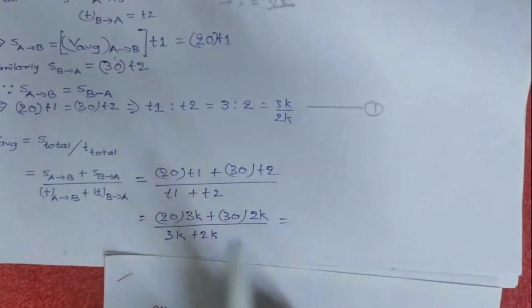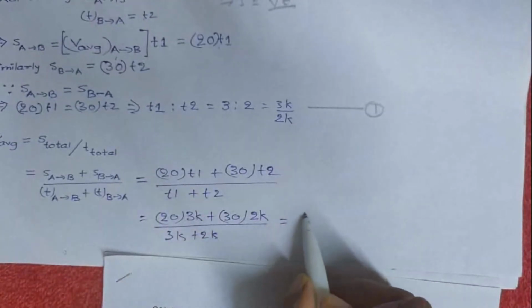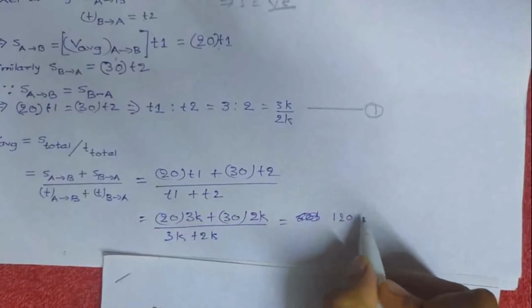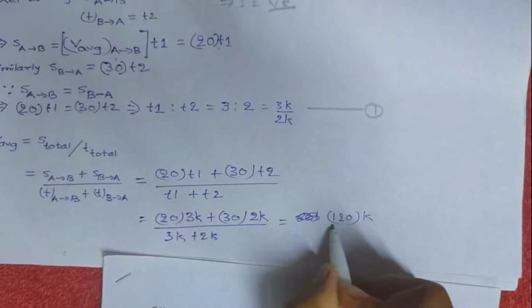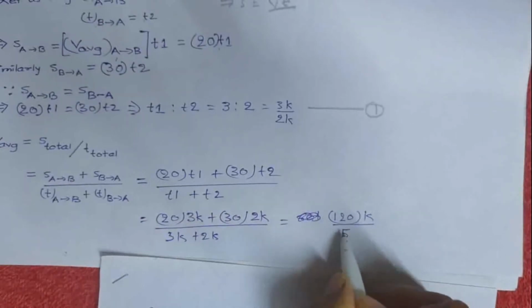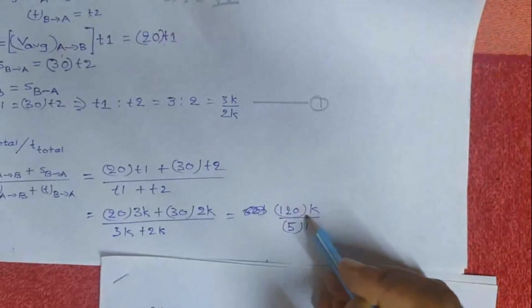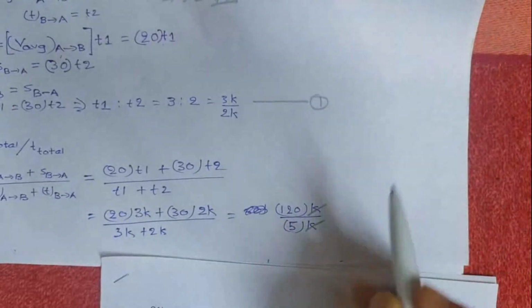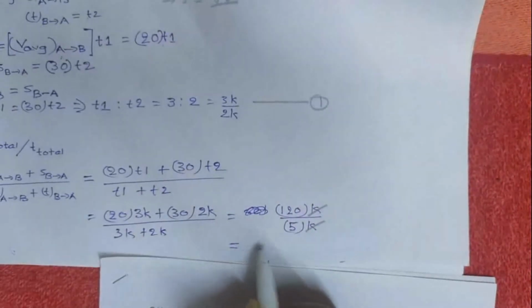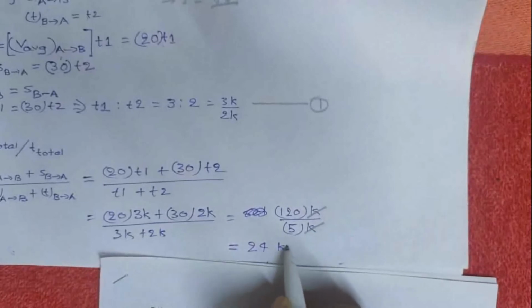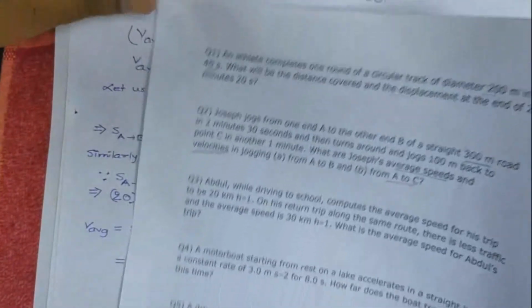So how much is it coming? 60k, sorry, 60k plus 60k, 120k by 5k. If you solve it out, k will go off. It is just for convenience. So the value of average speed will come out to be 24 km/h. Again, it is a very simple problem. So now let us jump on to the next one.